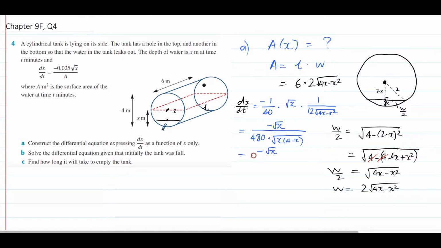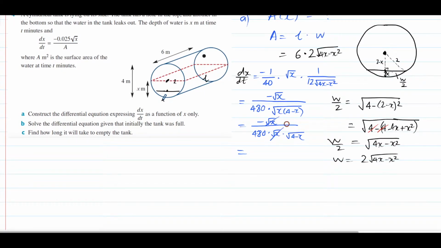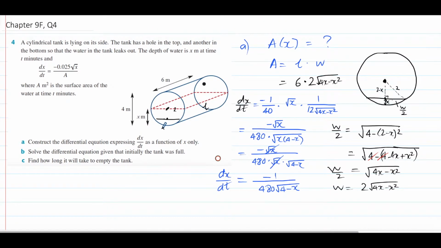And the reason why we do that, you'll see very soon, we take out the root x and we get root 4 minus x, and this square root and that square root cancel out, and you're left with negative 1 over 480 multiplied by square root 4 minus x, and that is what dx/dt is equal to. Okay, so that is how you do part A of this question.